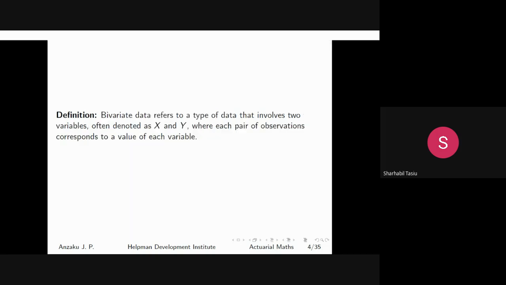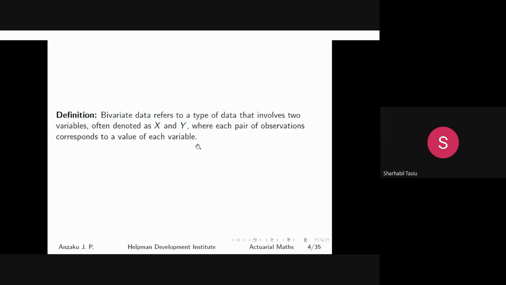All right, definition of bivariate data. We have been defining it, but we're trying to get different perspectives so that we understand the definition. Bivariate data refers to a type of data that involves two variables, often denoted as x and y, where each pair of observations corresponds to a value of each variable.